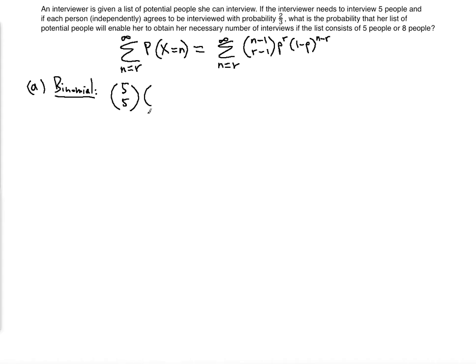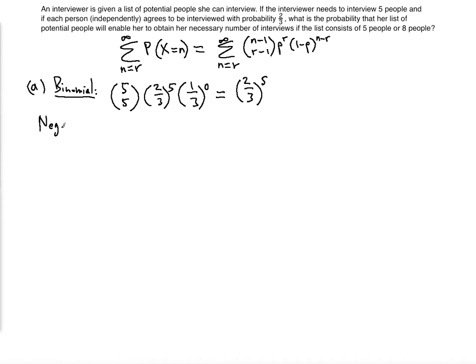The probability is 2/3 for the person to agree, so you raise that to the bottom number here. And then 1/3 is the probability of someone not agreeing, and you raise that to the difference of these two, which is going to be 0. And 5 choose 5 is 1. So basically you have 2/3 raised to the 5th power, and any non-zero number raised to the 0 is 1. So this is your answer.